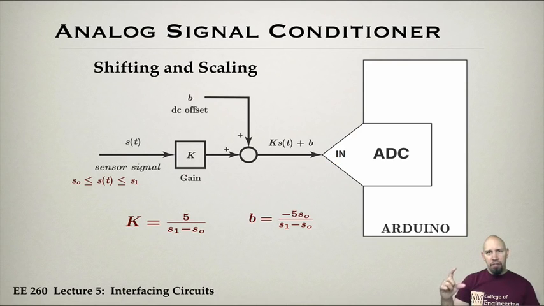If you have a voltage that could be anything between plus and minus 10 volts, first of all, 10 volts is outside of 5 volts, so definitely you have to shrink it down. That's the scaling. Then, since we have it from minus 10 to 10 volts, if you shrink it in half, that goes from minus 5 to 5 volts, but the Arduino doesn't do negative voltages.